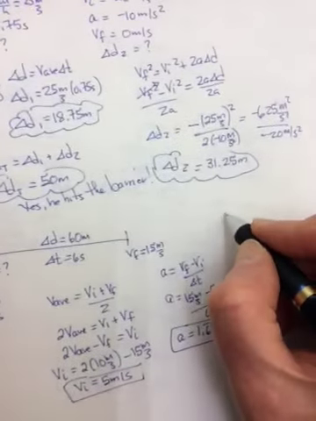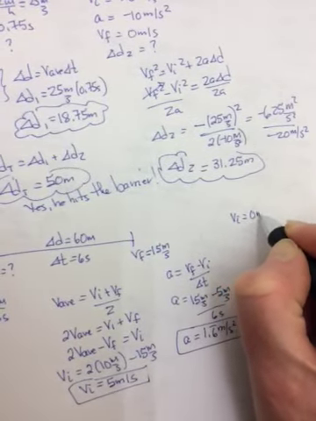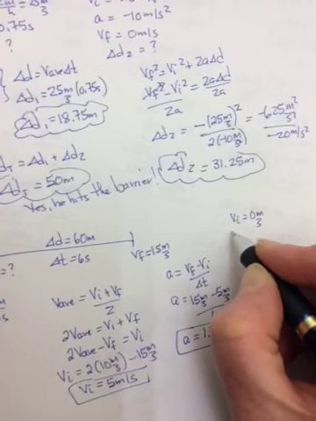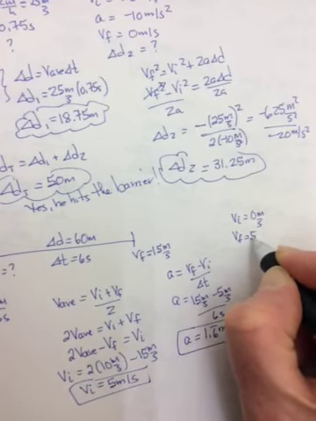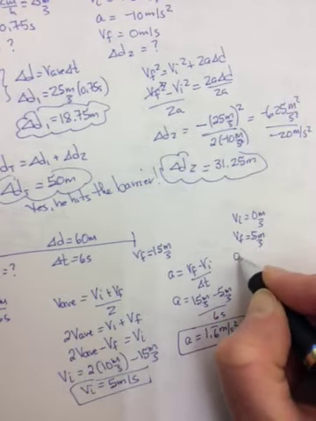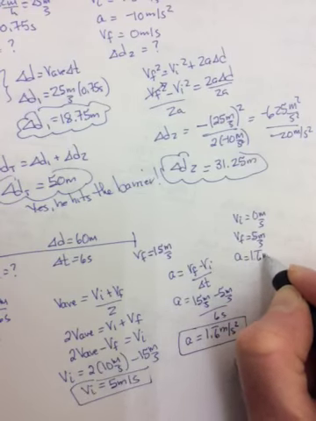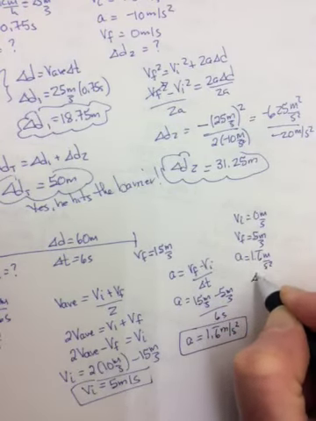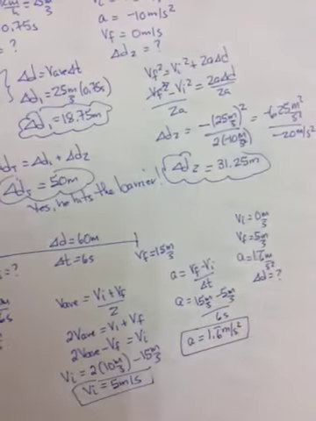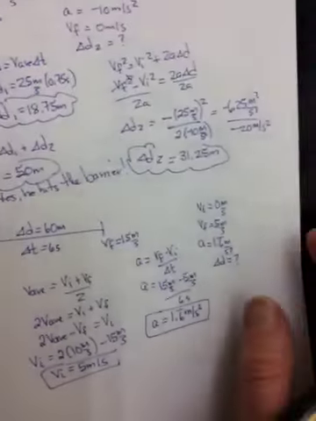Okay, so what do we know? We know our original VI was 0, the beginning. Our new VF is 5 meters per second, and our A is 1.6 repeating meters per second squared, and it wants to know how far behind delta D.